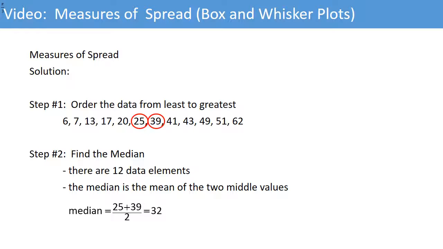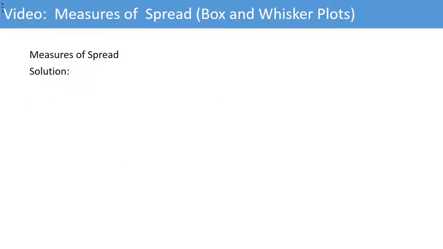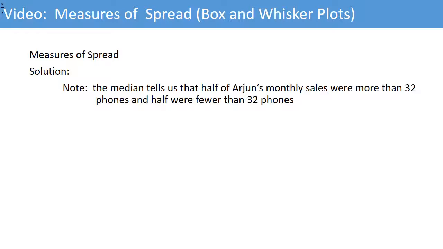So the median would be 25 plus 39 divided by 2, which would give us the value 32. Note, the median tells us that half of the monthly sales were more than 32 phones and half were fewer than 32 phones.